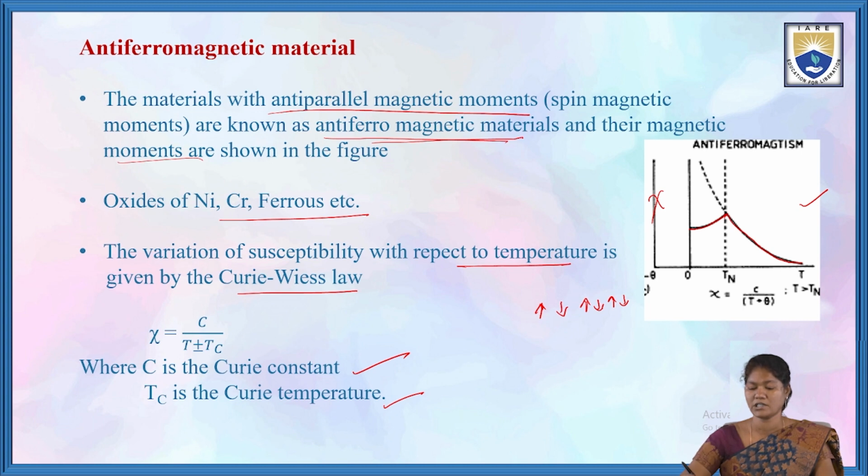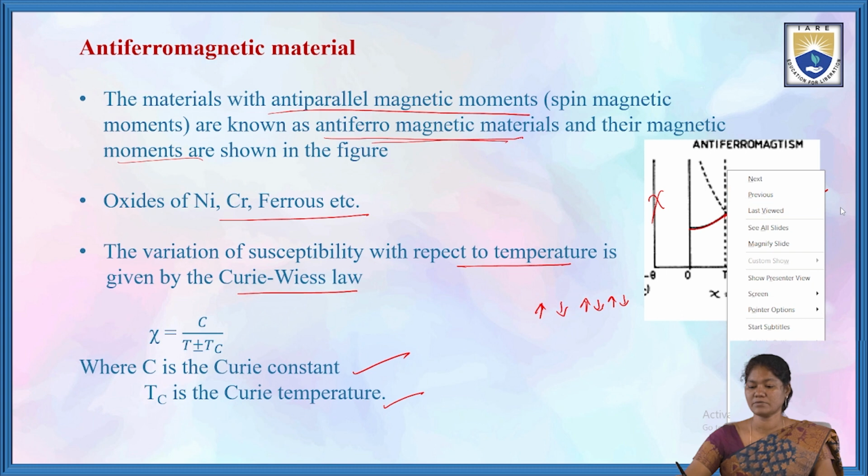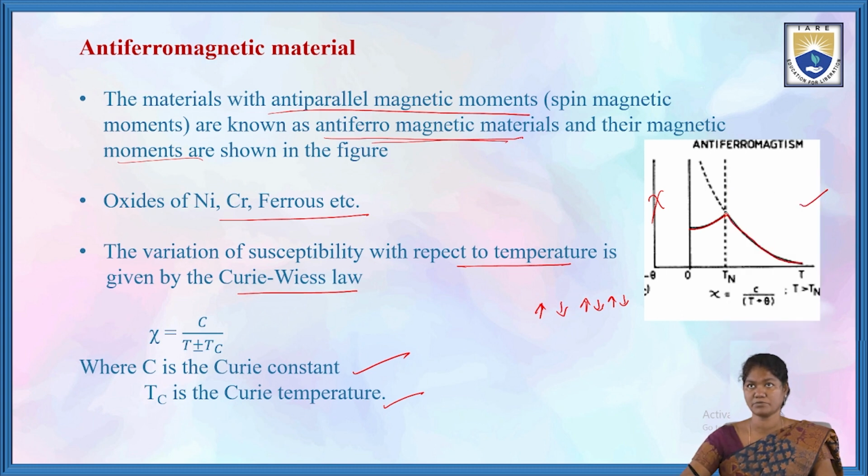The temperature where the susceptibility is maximum is called the Neel temperature. So the susceptibility increases gradually up to the Neel temperature, then it decreases with the increase of temperature.